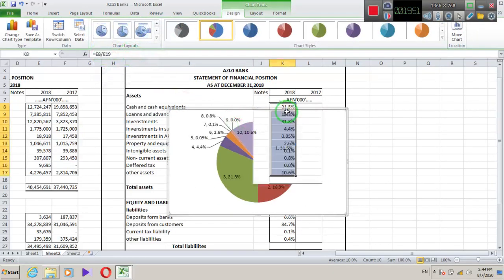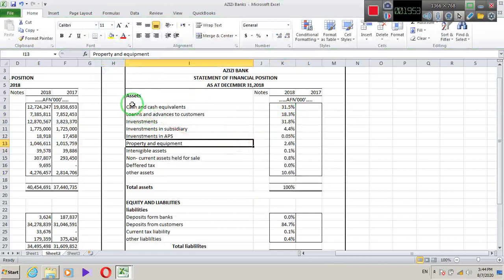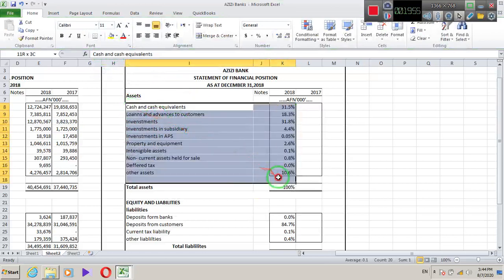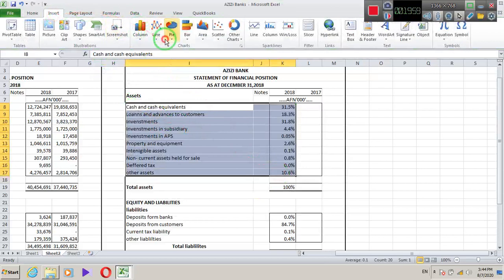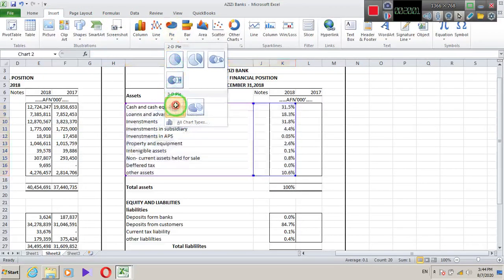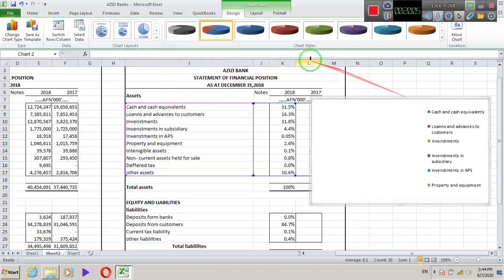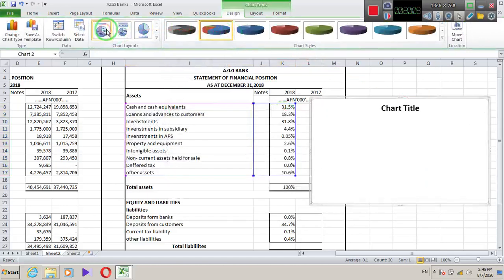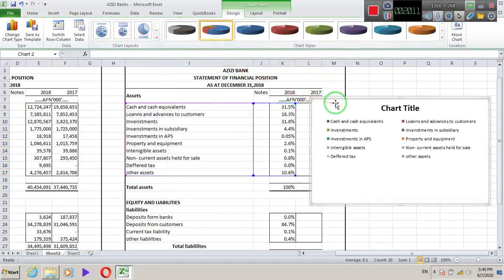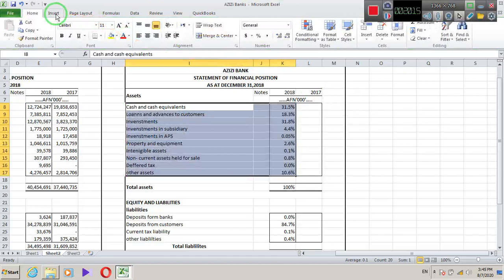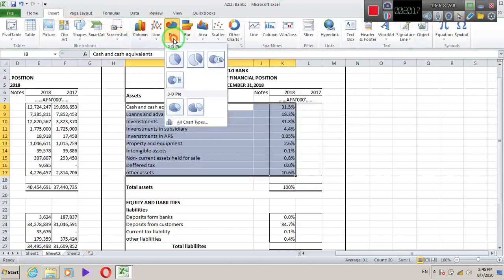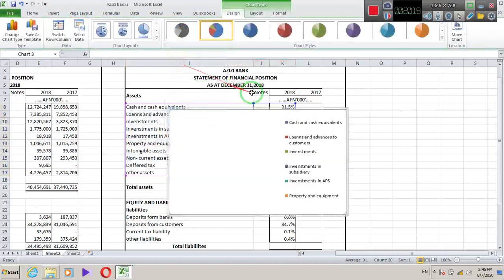Sorry, we haven't selected that column with it, and if we select that data, it will show us 3D is not available here, so insert, we will see 2D.